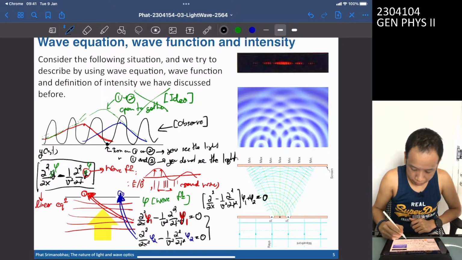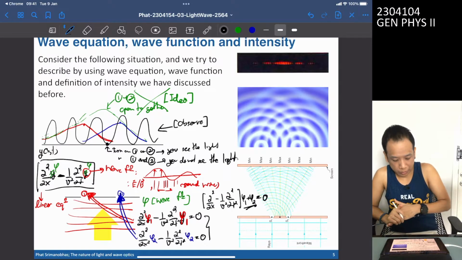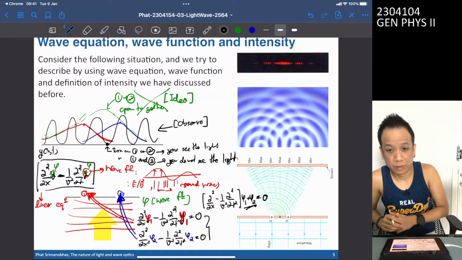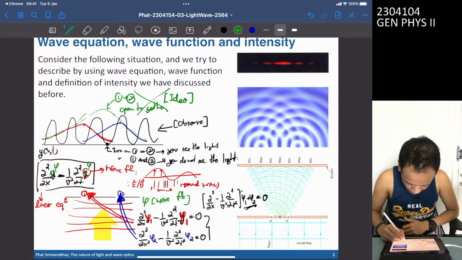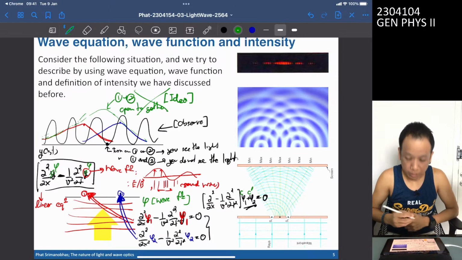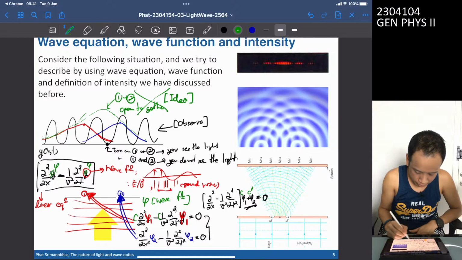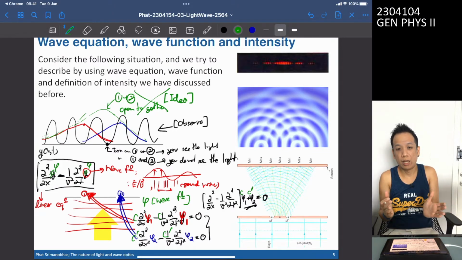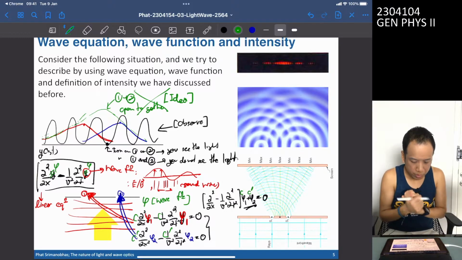So you have another solution, which is the sum of the first and the second wave function. You can also multiply by any constant. You multiply by c, it is still 0. You multiply by c prime, the second equation still becomes 0. So that is the way you form solutions. So this is the first thing.